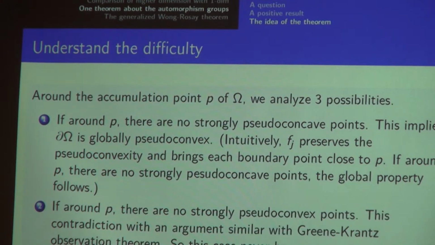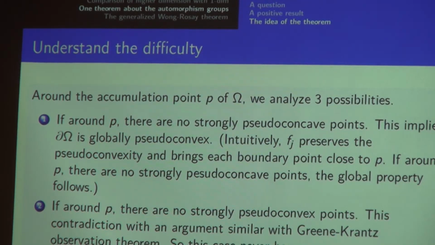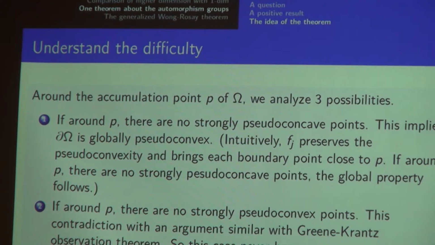Okay, there is also the case where each sector is pseudo-concave. If this happens, again intuitively, I cannot go into detail, the holomorphic CR function, we borrow the concept of CR function from CR geometry. The CR function defined inside around this neighborhood is going to extend outside.